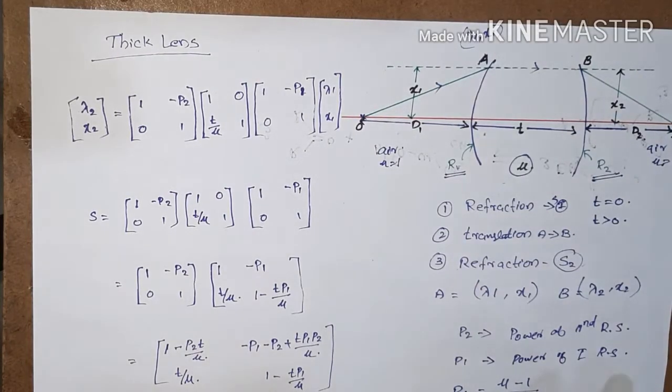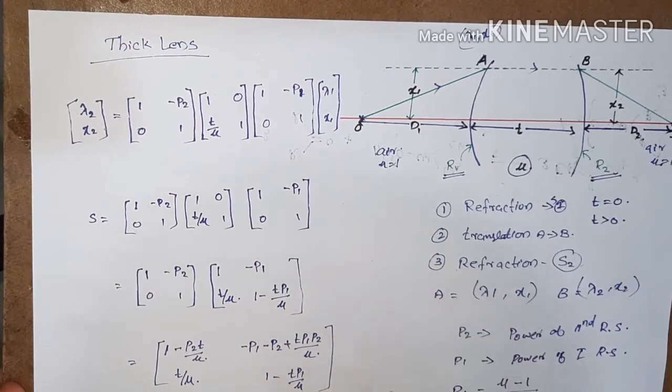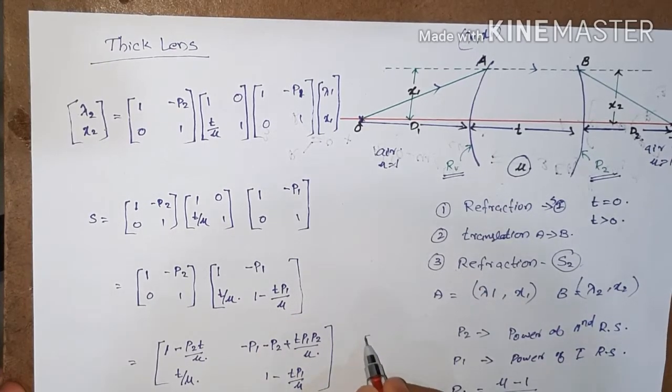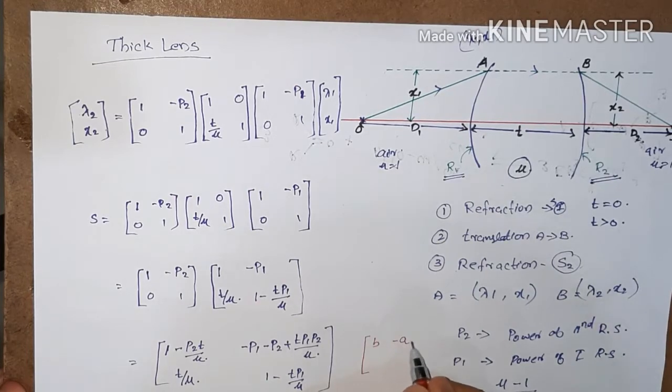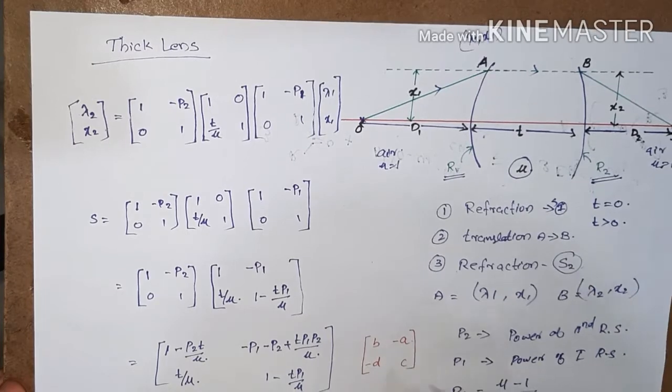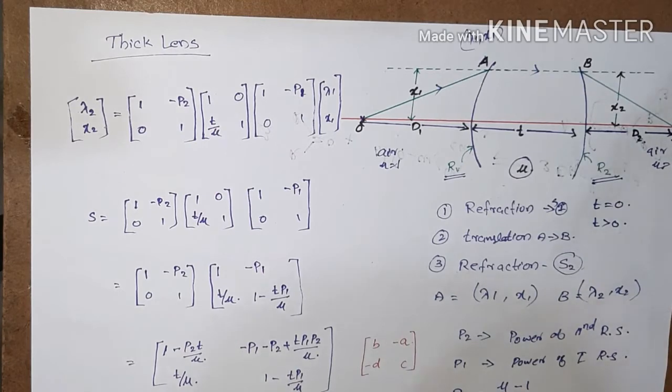In general, the system matrix for any optical system has the form [B, -A; -D, C].